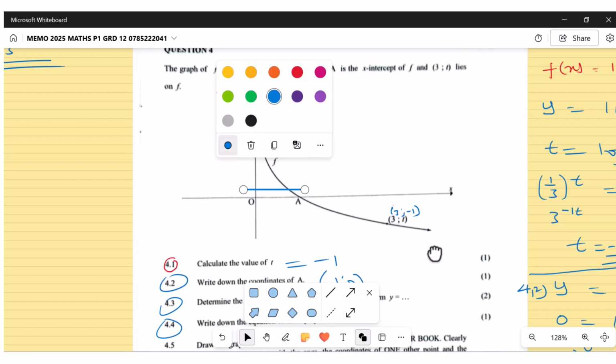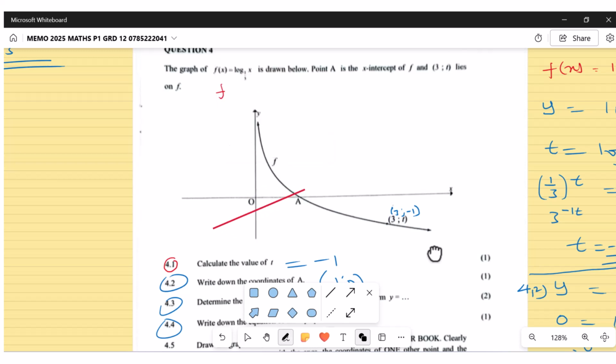Now this line is the one which you call y equals x. When you reflect the original function along this line, what you get, we call it the inverse.